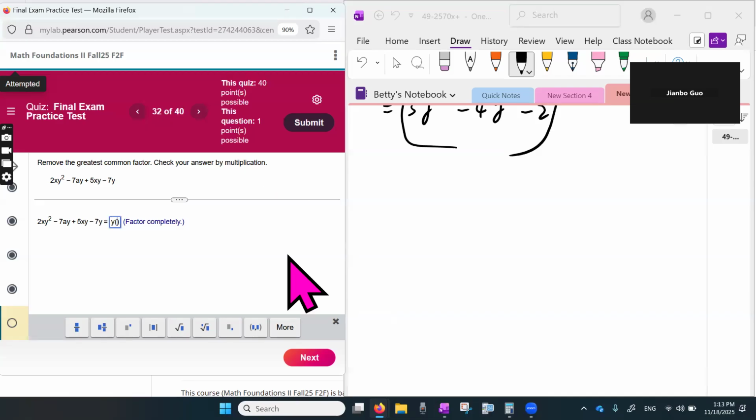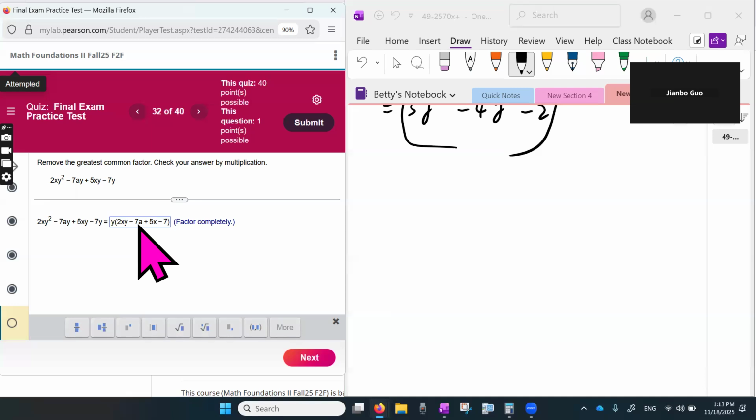So after we take out y, the first term becomes 2xy, minus 7a plus 5x minus 7. Let me double check: 2xy squared minus 7ay plus 5xy minus 7y.